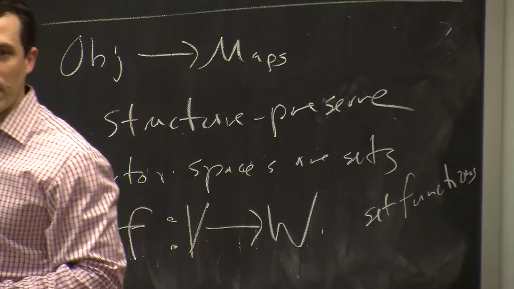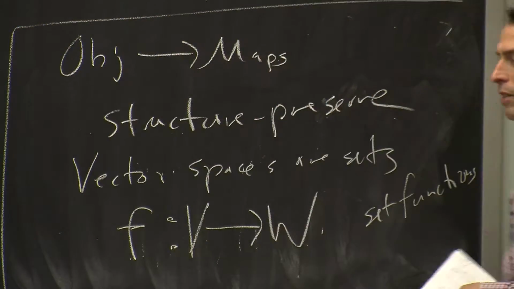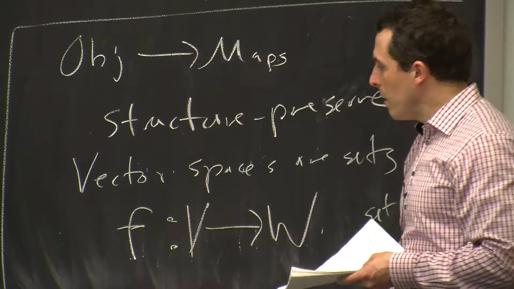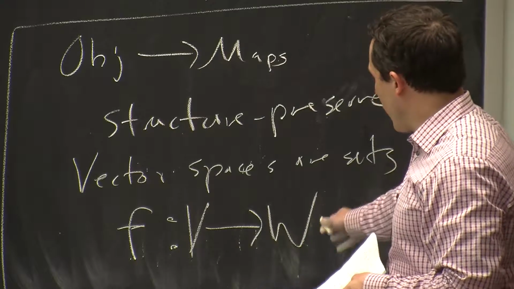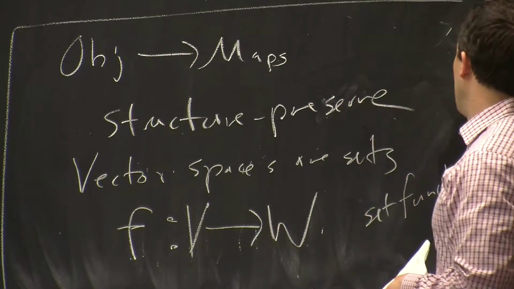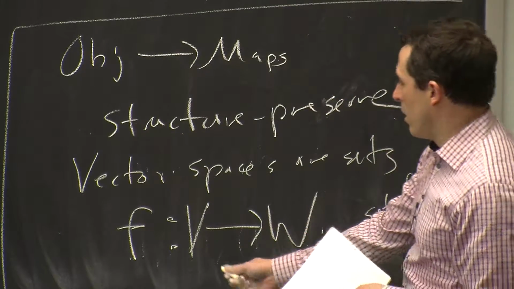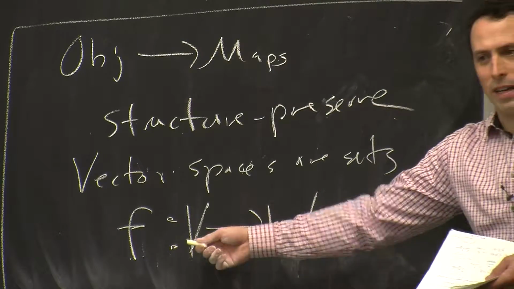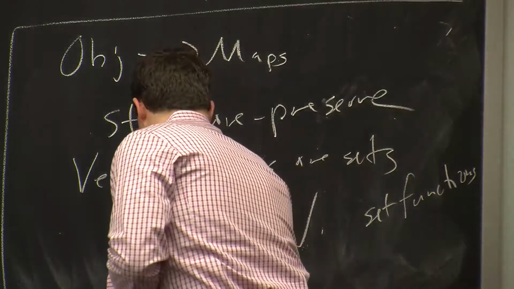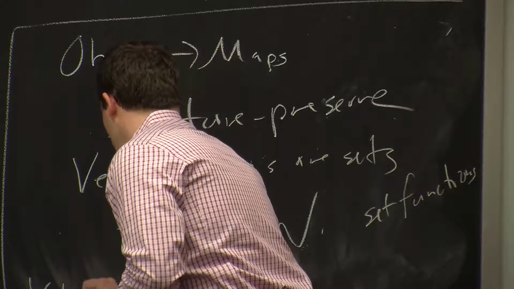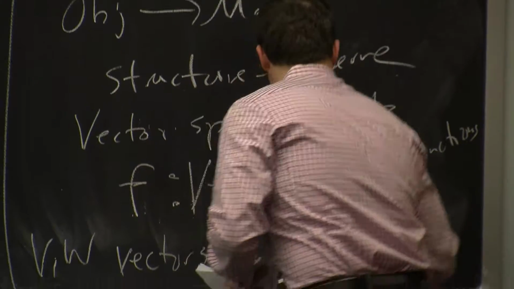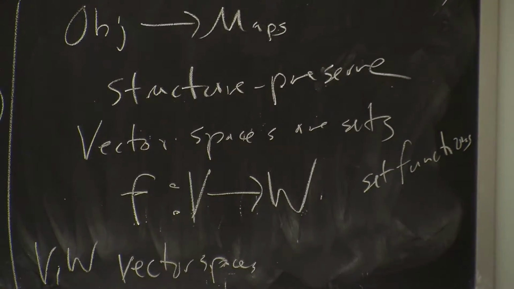Relations are not necessarily functions, so they'll end up sharing properties, but these are going to be honest functions, valid on every point of V, and assigning one value of W for every point of V. So we're first going to say it's a set function with domain V and codomain W, both of these vector spaces. We can say that because vector spaces are, first of all, sets.